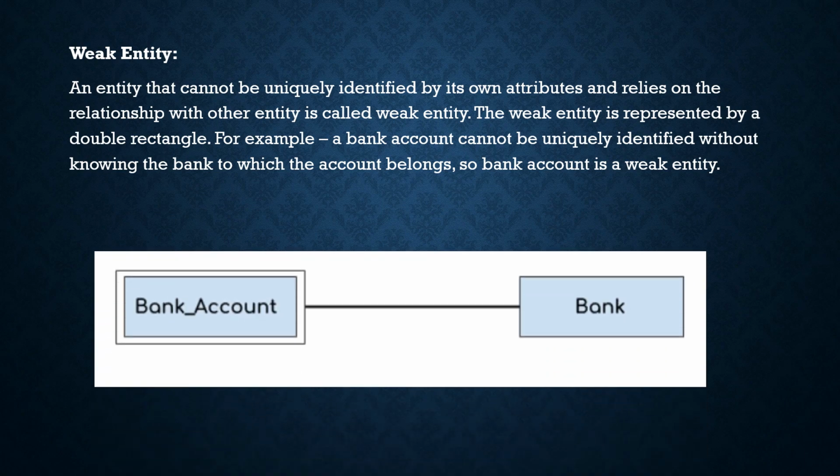To specify the bank account number, we need all those things like IFSC code and bank code, and the bank account belongs to that particular bank. So bank account is a weak entity, and that can be represented by using the double rectangle.